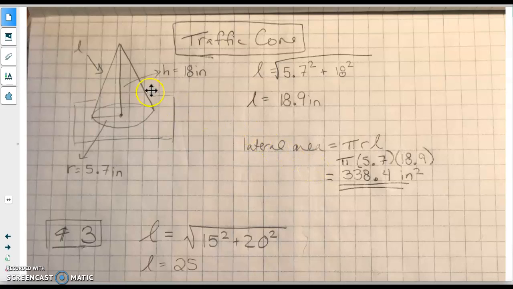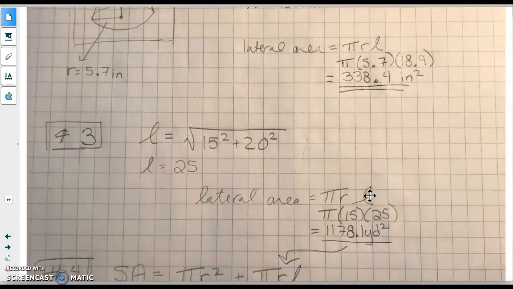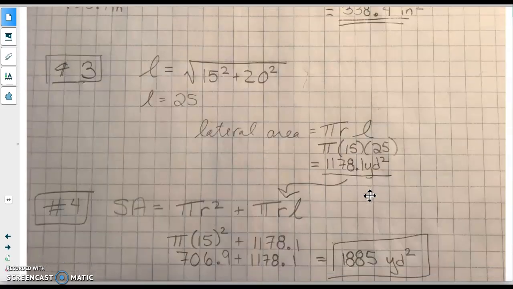The lateral area, remember, is the surface area without the base. So the lateral area in this case is just pi r times that slant height. When I plug everything in, I find that the lateral area is 338.4 inches squared.